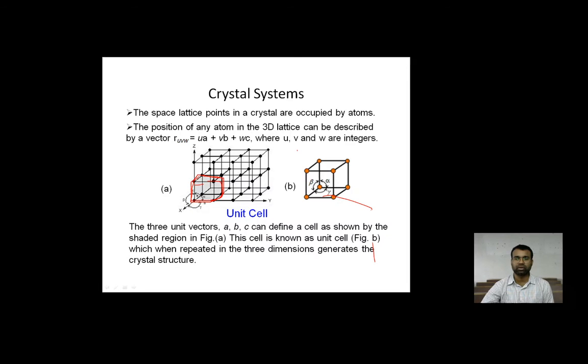These are the solid arrangements showing the unit cell, which repeated in three dimensions generates the crystal structure. As you can see, this is also lying here, and that systematic arrangement provides a solid crystal structure in 3D.